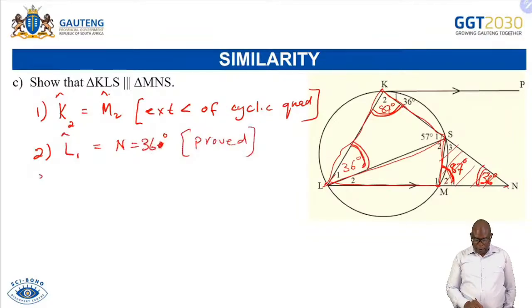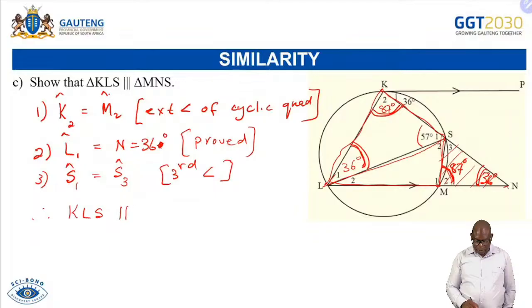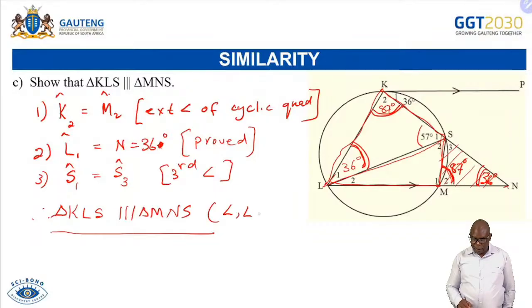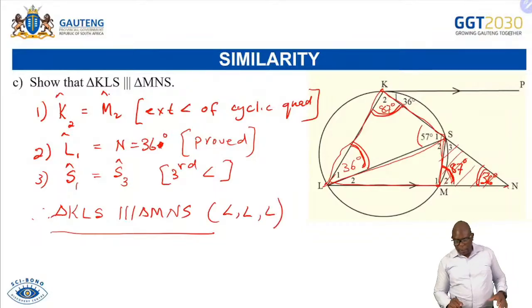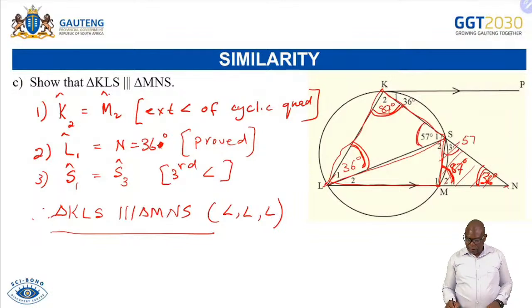All right? The third one is obvious. That S3 must be equal to S1. So S1 equals S3. You can write third angle or sum of angles in a triangle. Therefore, if I've got three things to be equal, then I can say triangle KLS is similar to triangle MNS. Those two are similar because of angles. So this angle here will be 57 degrees.